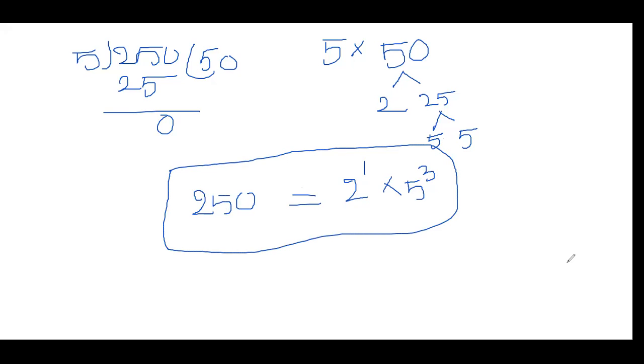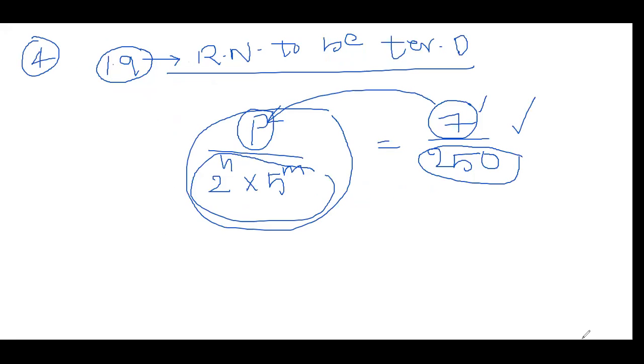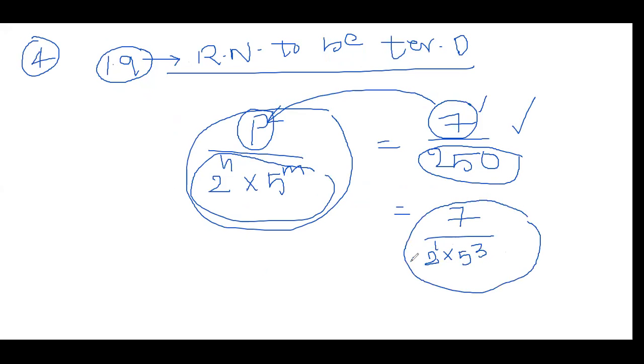Our question is 7 by 250. This 250 means, can I write 2 power 1 into 5 power 3? Yes. Now is my answer in the form of p by 2 power n into 5 power m?